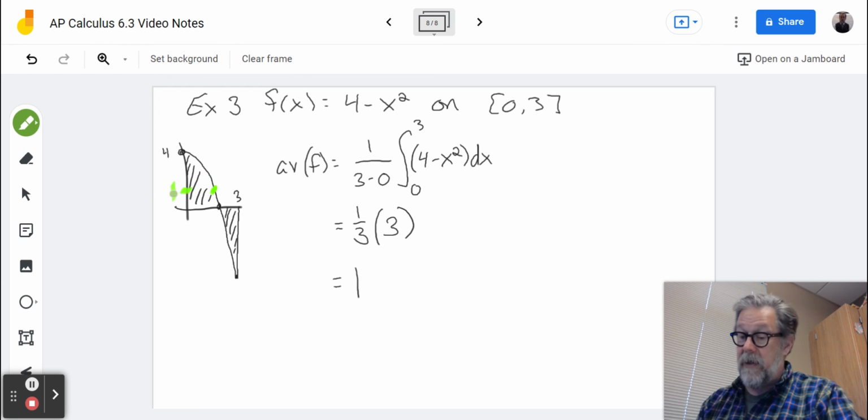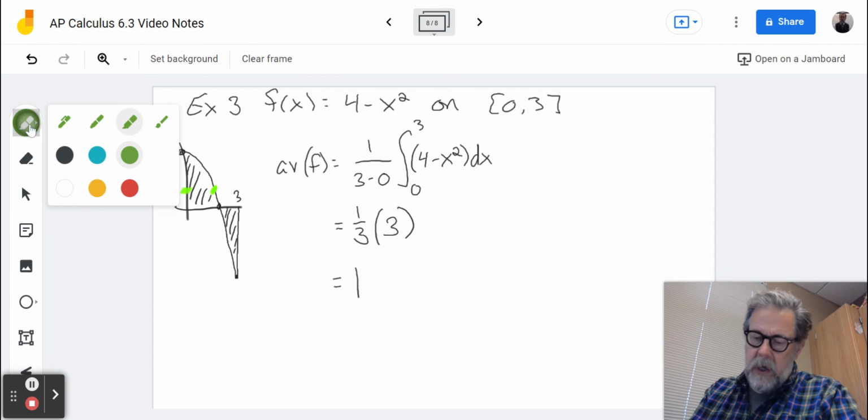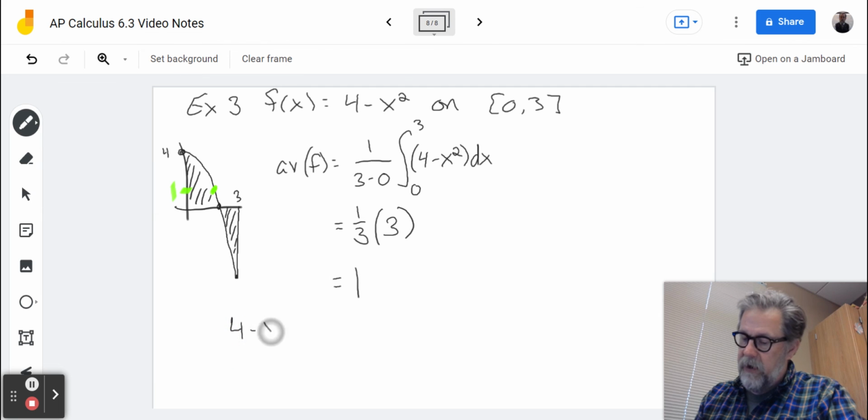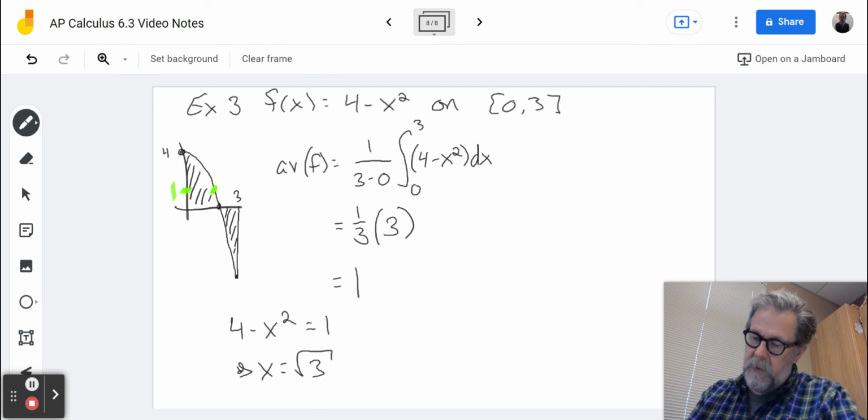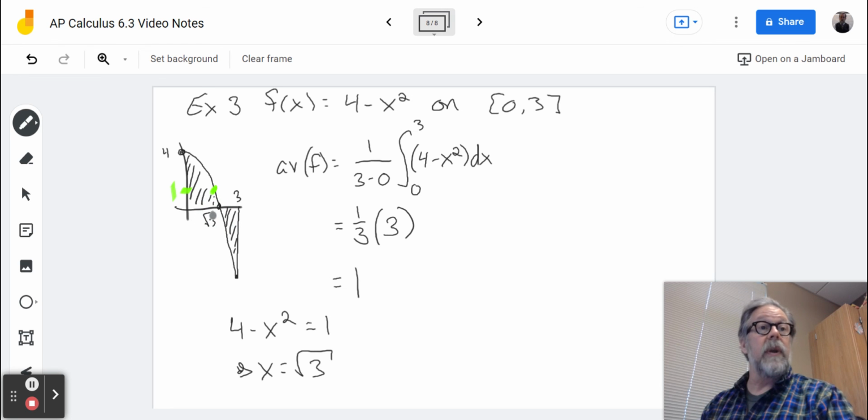Remember, we're talking about the value of the function, f of x. Where does this occur? Well, this will occur when 4 minus x squared is 1, which means that x is equal to the square root of 3, which means that that average value occurs at root 3 and is equal to 1. All right, that's a quickie on average value.